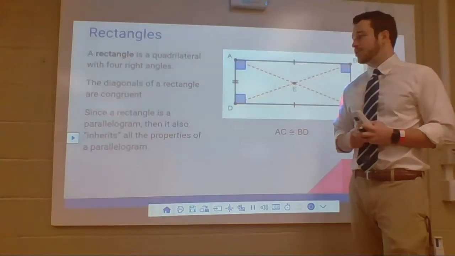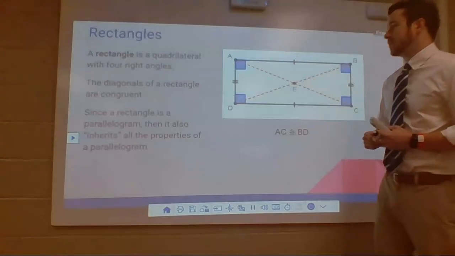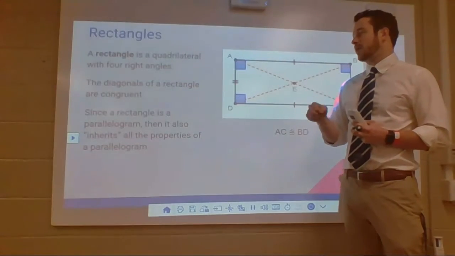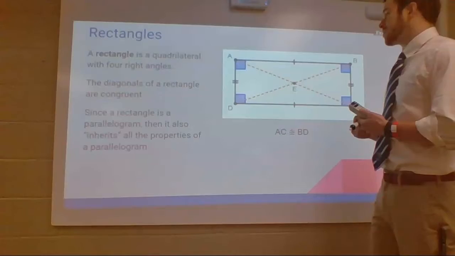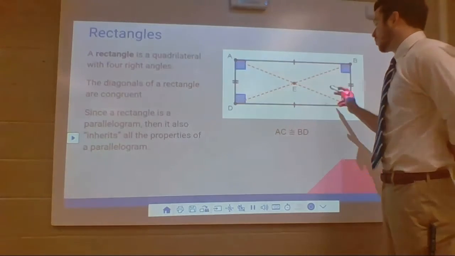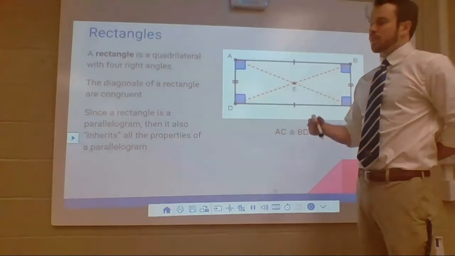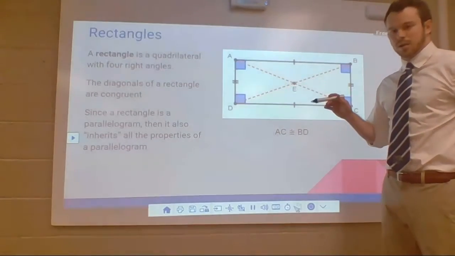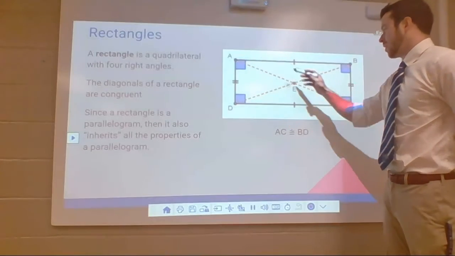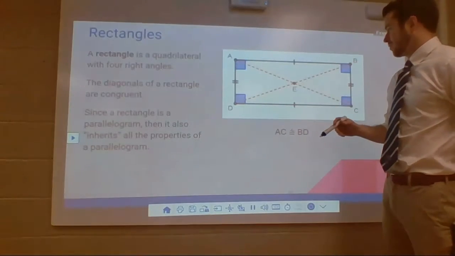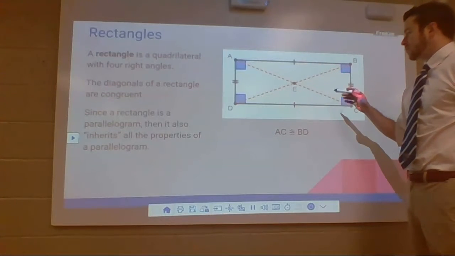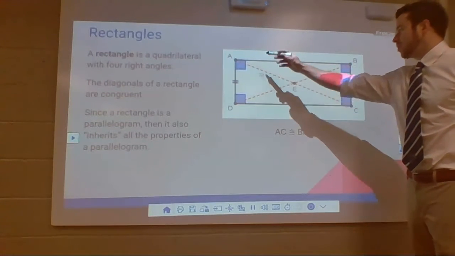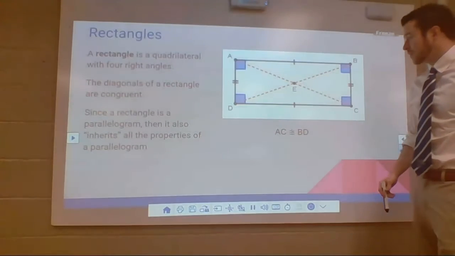All right, now make sure you get the properties of a rectangle. So it's a quadrilateral with four right angles. It's a parallelogram with four right angles too. And the diagonals of a rectangle are congruent. Remember that because a rectangle is a parallelogram, the diagonals of a parallelogram bisect each other. So that's going to be true for the rectangle too, except those diagonals are also going to be congruent.